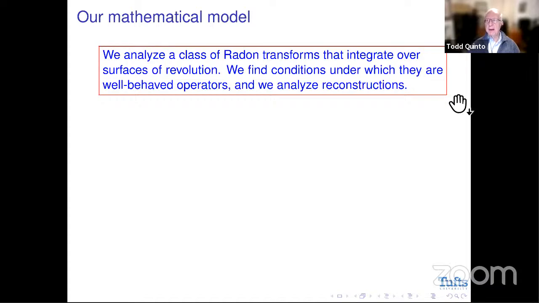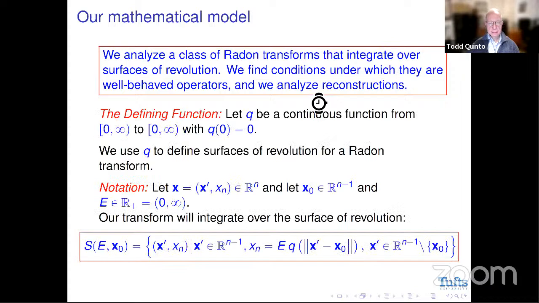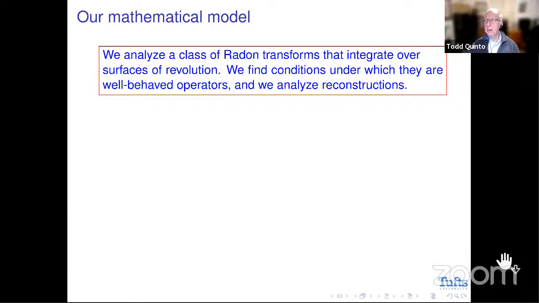We find conditions under which they are well behaved and satisfy something called the Volterra assumption. Then we'll analyze reconstructions from our models to show what they do with singularities and what happens when this assumption fails.